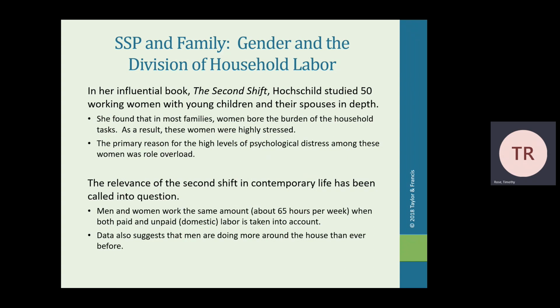The primary reason for high levels of psychological distress among these women is role overload. So there is something structurally occurring, because we're not accepting that this is just something innate to human beings. That's a pretty lazy explanation, at least if you haven't already examined social structure.